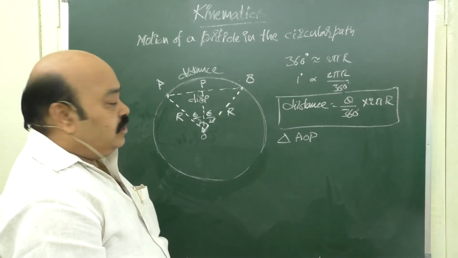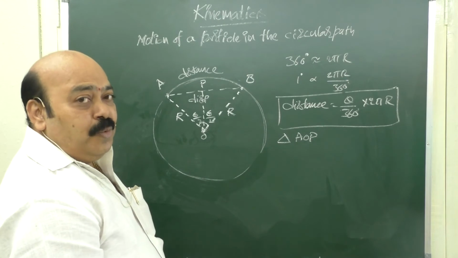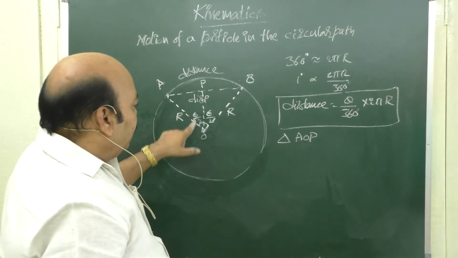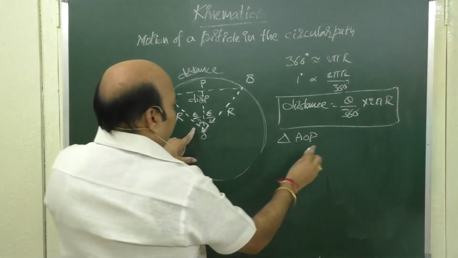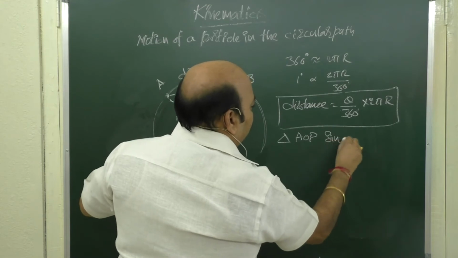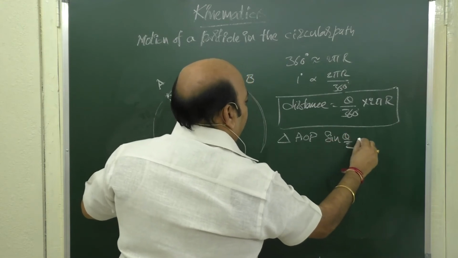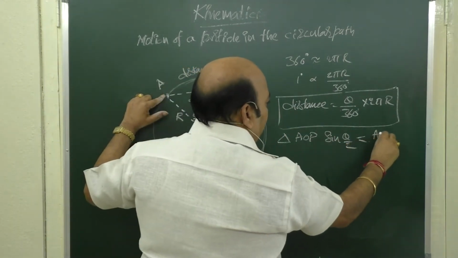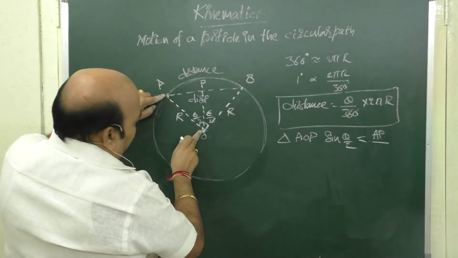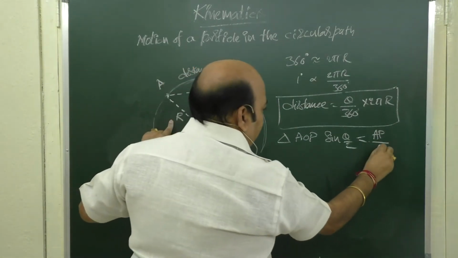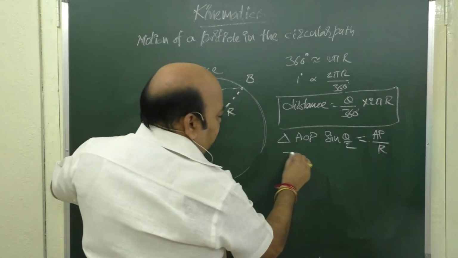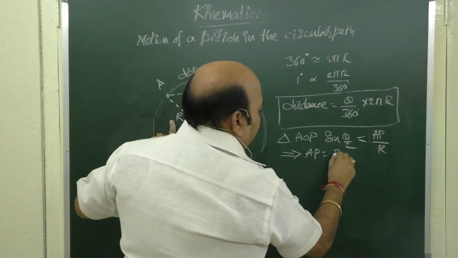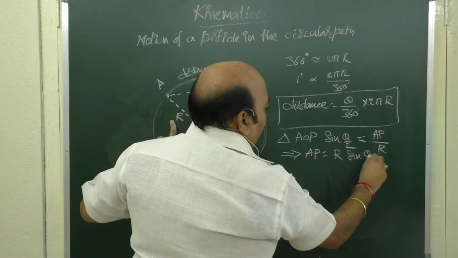From your 10th class knowledge, sine theta is opposite side by hypotenuse. So from the triangle AOP, sin theta by 2 is equal to the opposite side, AP, by the hypotenuse, which is R, the radius. This implies AP is R sin theta by 2.